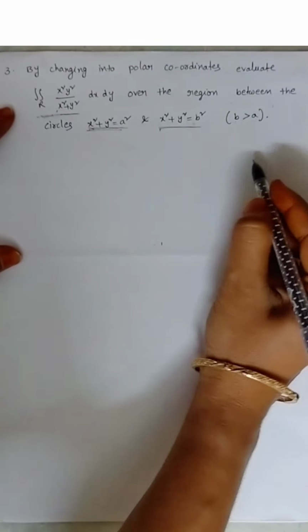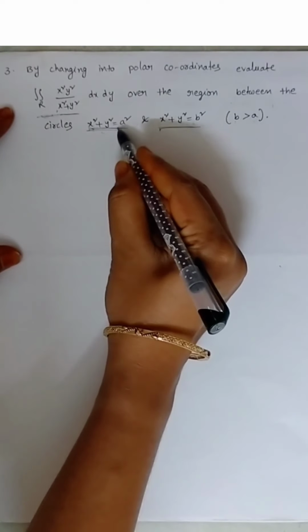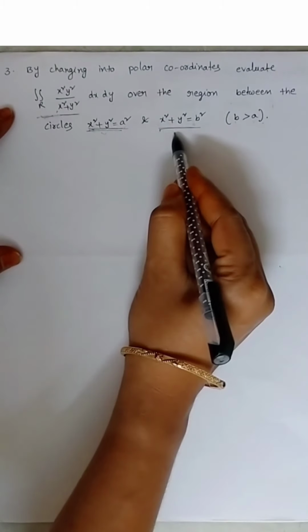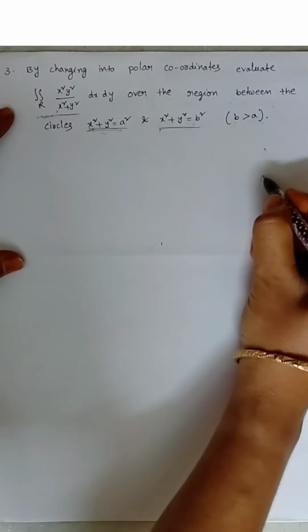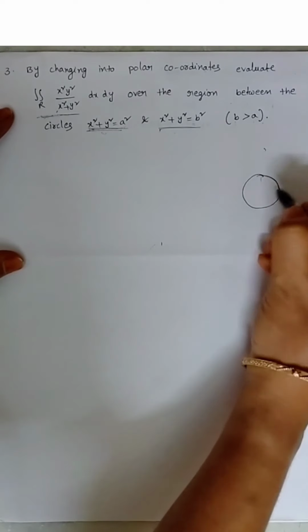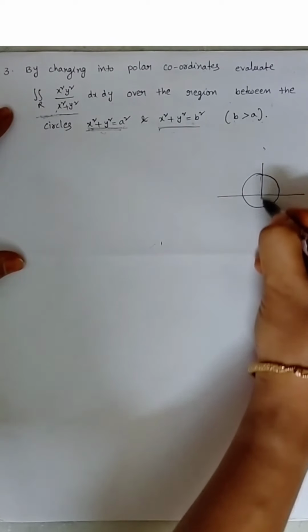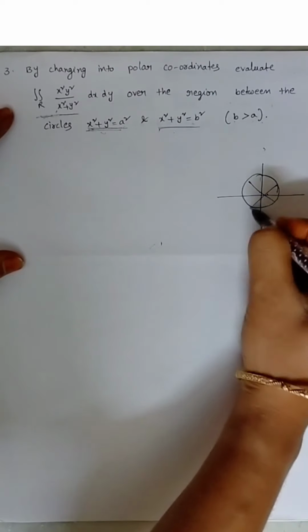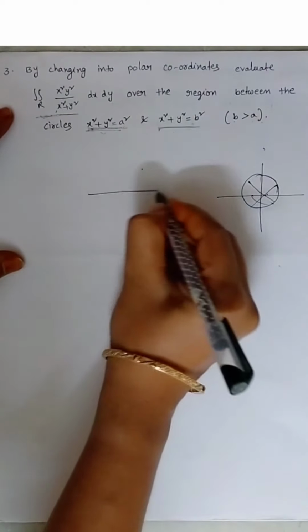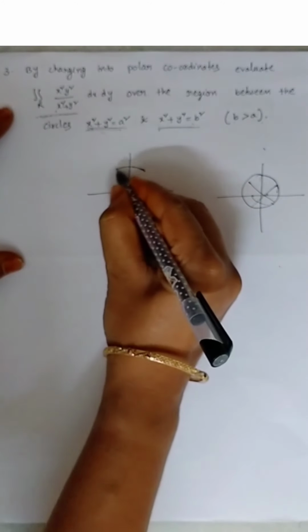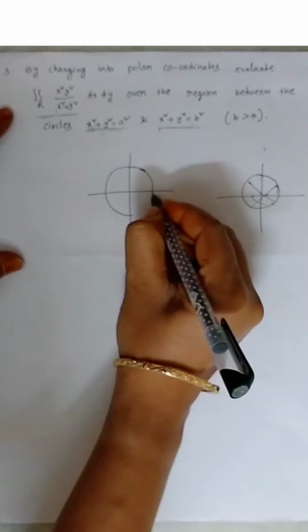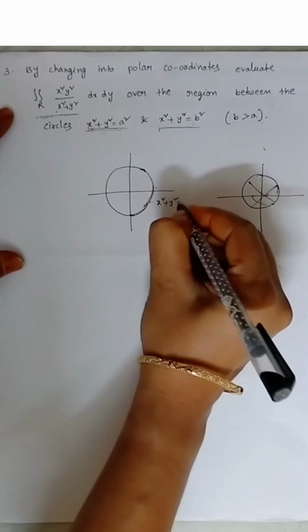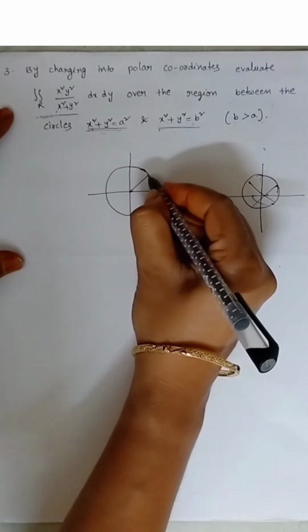So now I draw the circles. Since b is greater than a, this is the small circle and this is the big circle. Taking the x-axis and y-axis with center 0, 0, this is the circle x square plus y square equals a square, and this is the radius a.